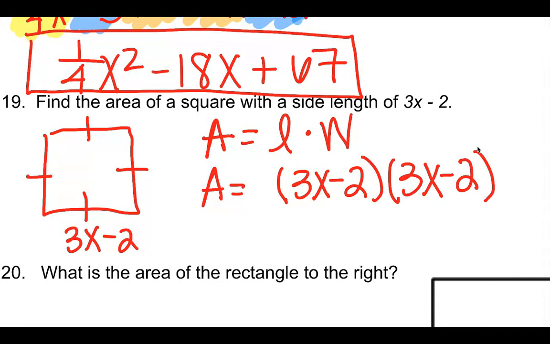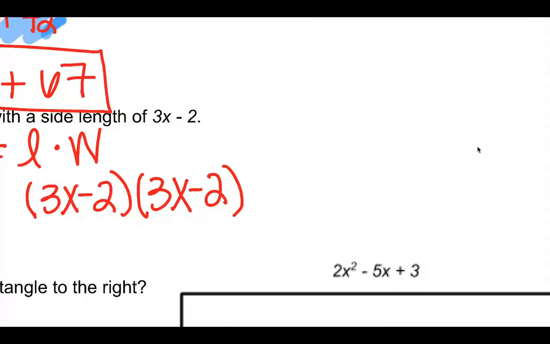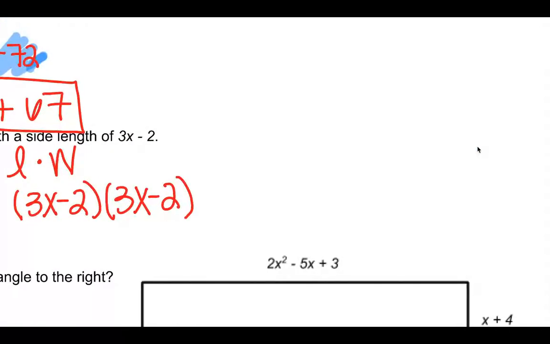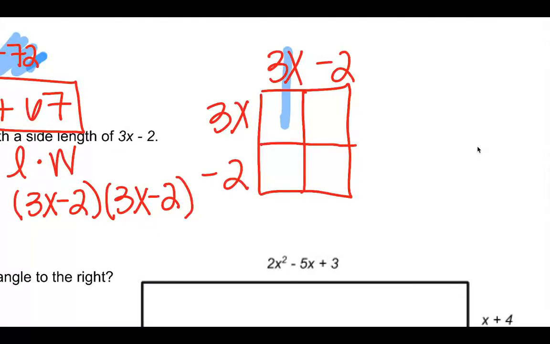Okay, so now we're on to multiplying. This one I'm going to do box method for. I'll kind of rotate for everybody, but I think the majority of people like to do box method from what I've seen. So I've got a box, a 2 by 2, and I've got 3x, negative 2, 3x, negative 2. So the first box is 3x times 3x, which is 9x squared.